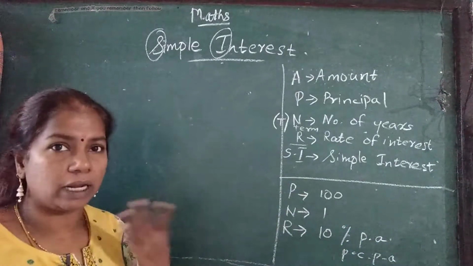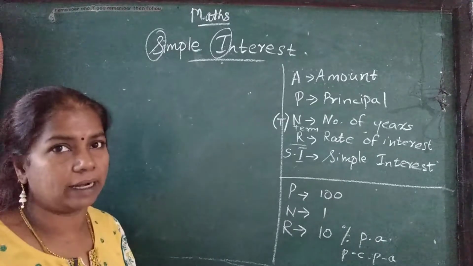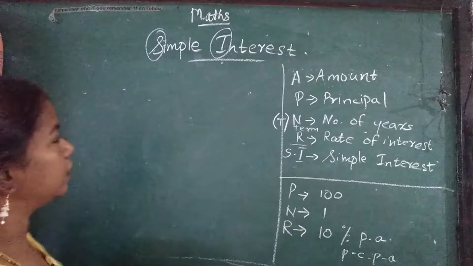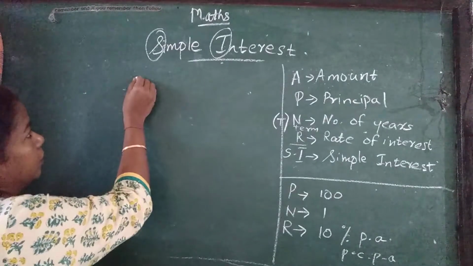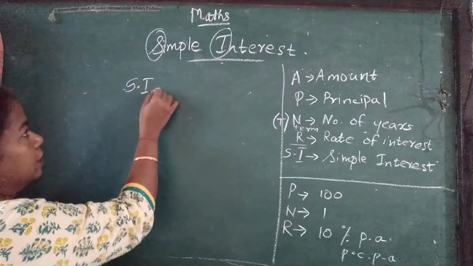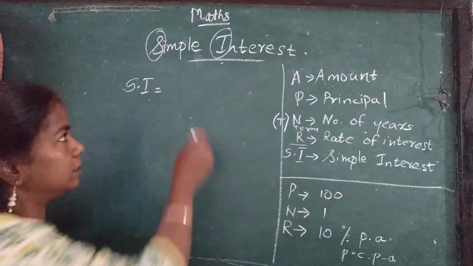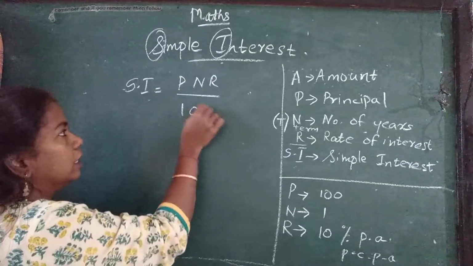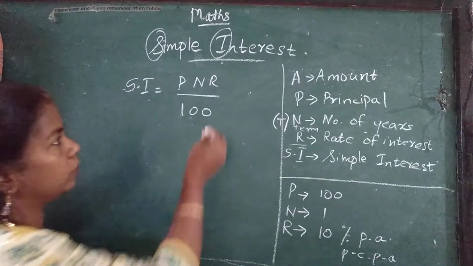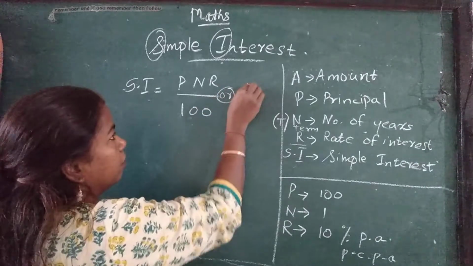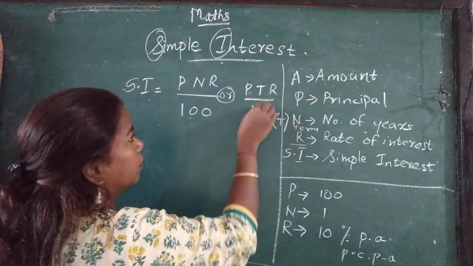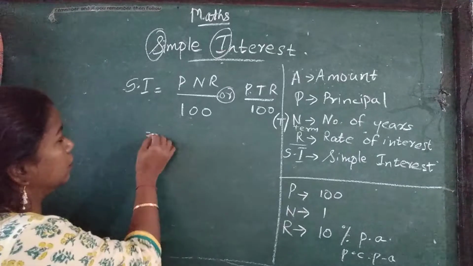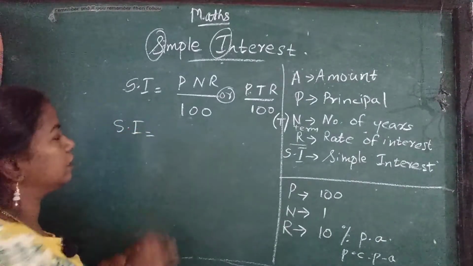Now we have to calculate the simple interest, and on that basis we will calculate the amount to be returned. So what is the formula of simple interest? The formula of simple interest is PNR upon 100, or you can write PTR upon 100. So how will I calculate the simple interest?